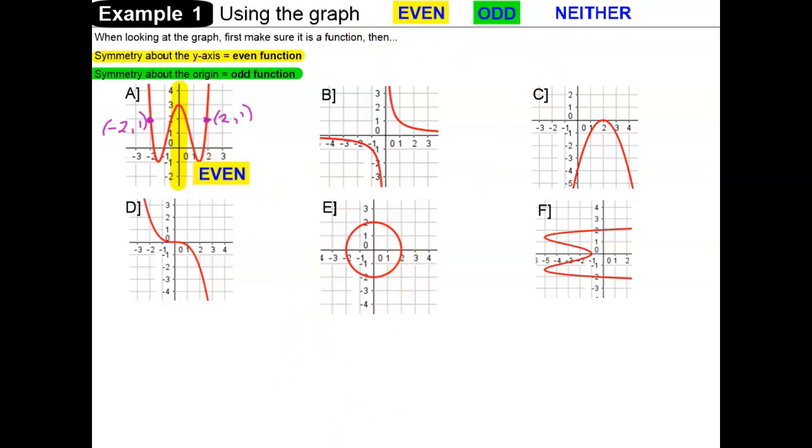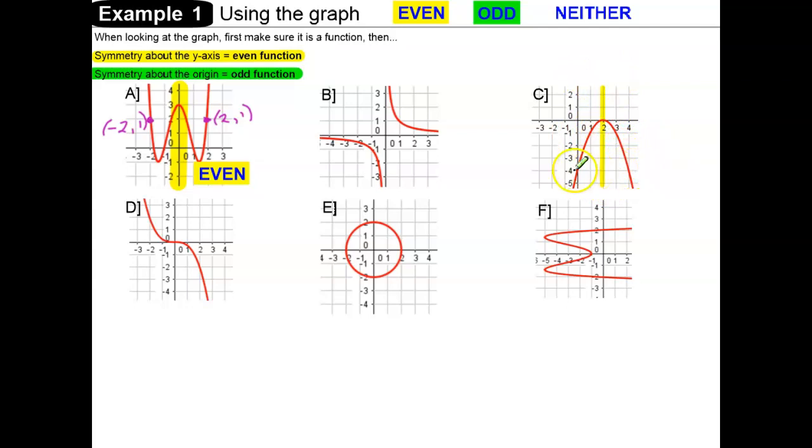Okay, when I look for other graphs that have this same type of fold symmetry or reflectional symmetry, here in example C, we've got a fold or a line of symmetry along the line y equals 2.